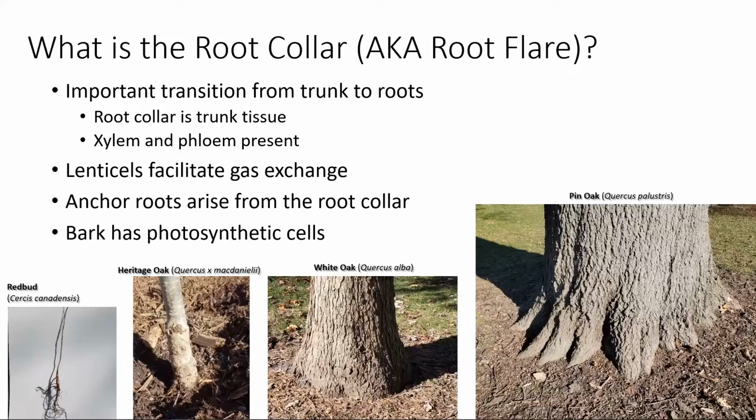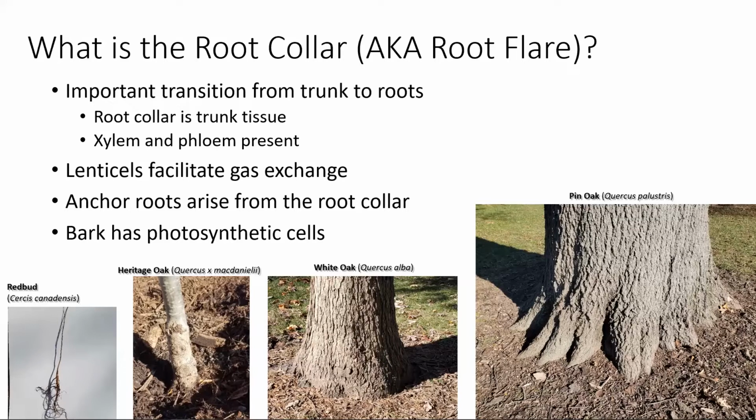So first of all, what is the root collar? It's also known as a root flare. It's an important transition zone from trunk tissue to root tissue, to the underground part of the plant. So the xylem and phloem are present there. That's the conductive tissue inside trees that conducts water and nutrients up and down, and energy up and down the plant.